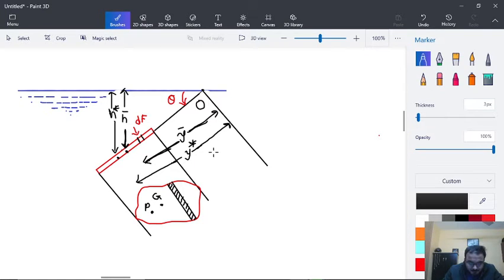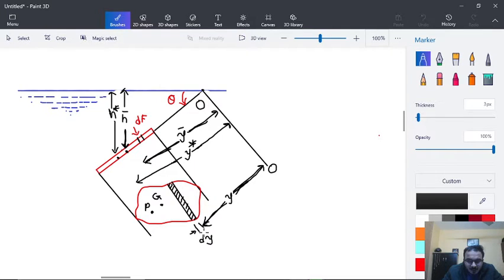What we have done is we have taken this strip having width dy, and which is at distance y from the O plane.